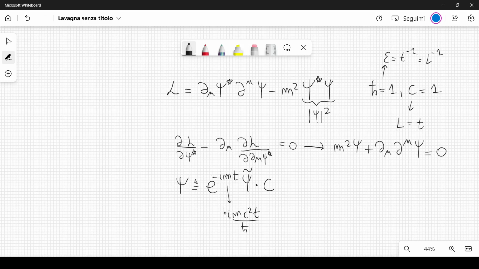Of course, this minus sign would stay here, but just to let you understand it more thoroughly, if we add the units, we would have something like this, because mc² is energy. Energy times time has the same units as ħ, and then we divide by ħ. So ħ is an action, right? Because we are integrating something which has the dimension of energy, dt, in the action.